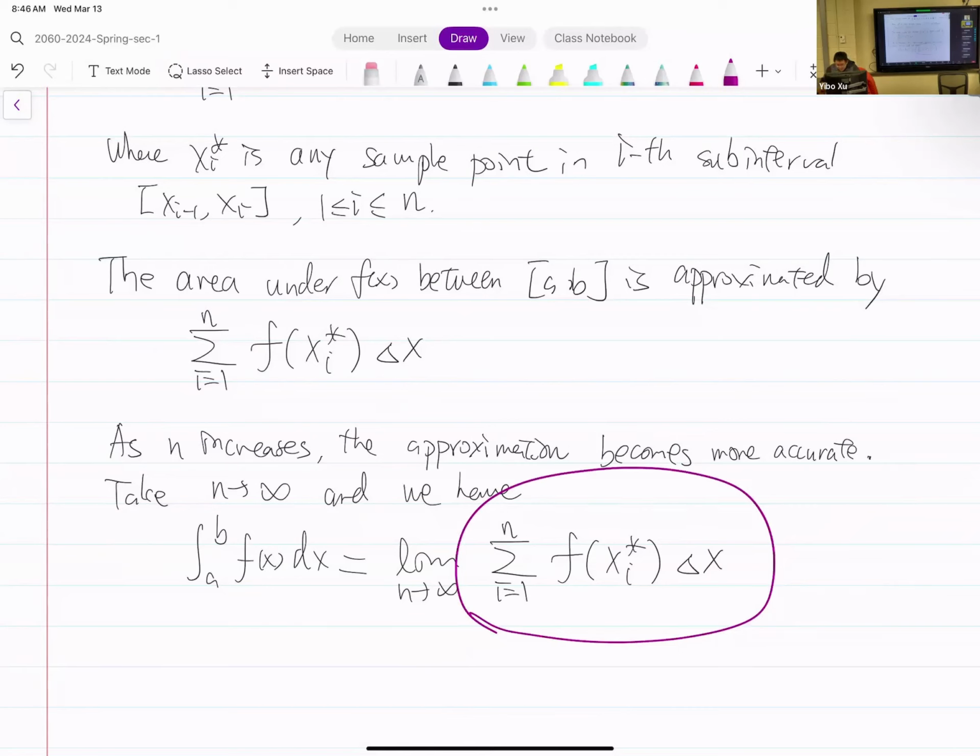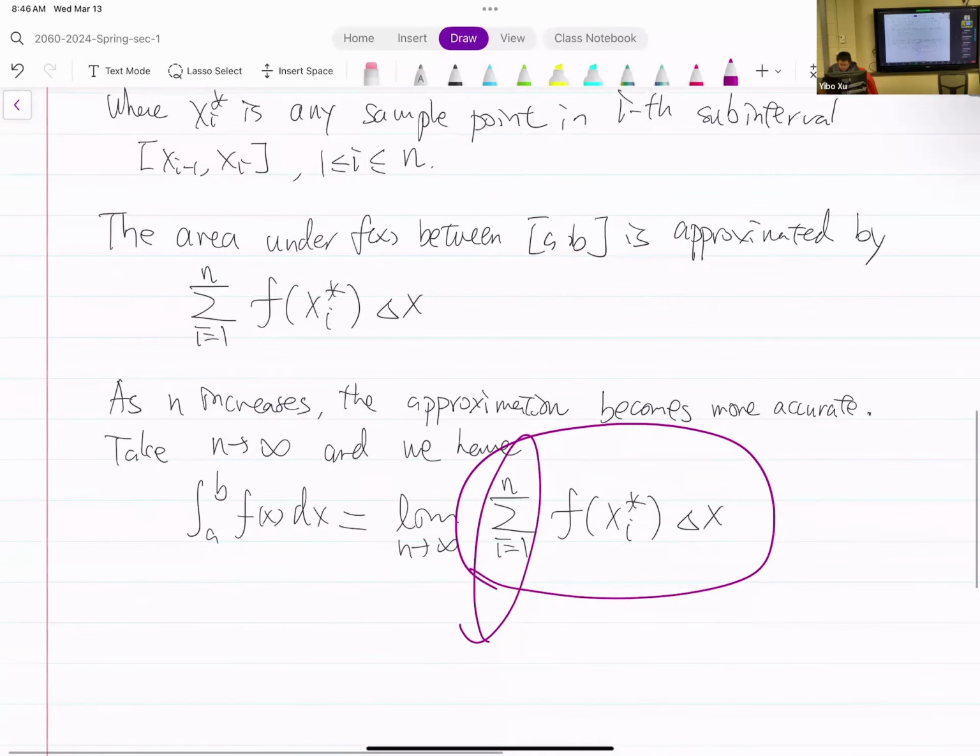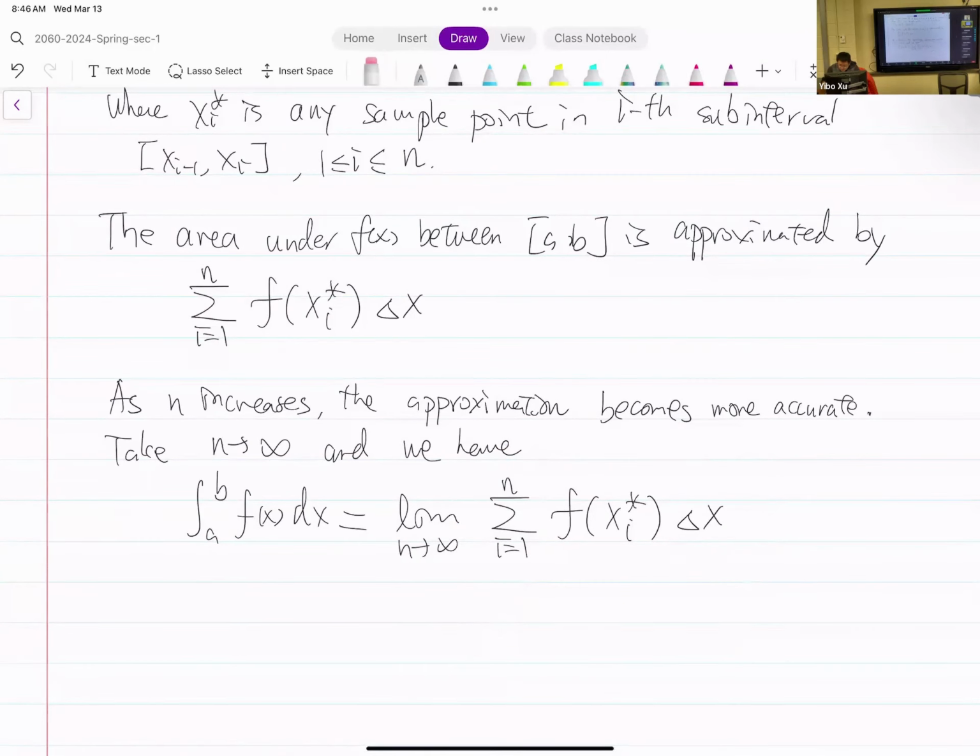That integration symbol actually replaces the summation here. And then f of x just replaces the functional value at the sample point, and dx just replaces that delta x.